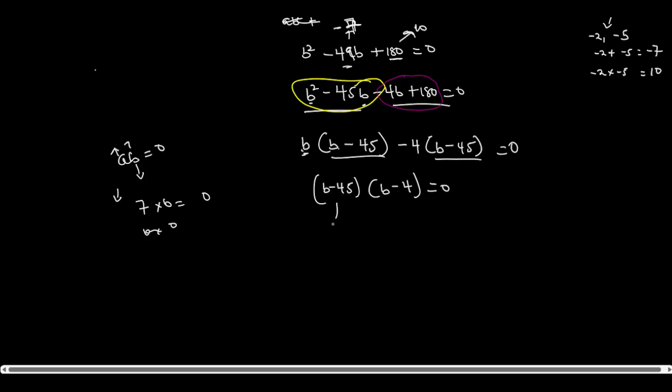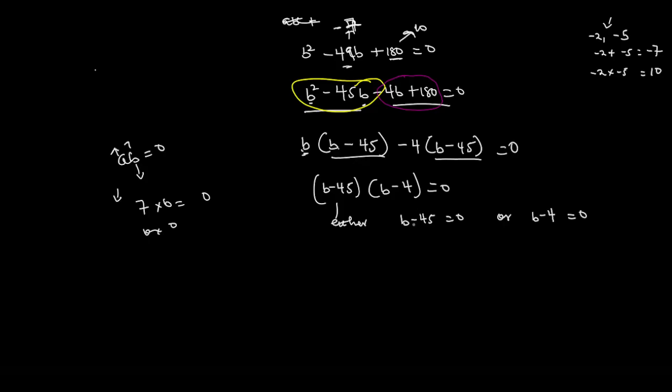So here we say either b minus 45 is equal to 0 or b minus 4 is equal to 0, which means this equation is only valid when any of these conditions are satisfied. So if b minus 45 is equal to 0, then let's find what value of b will give us 0.